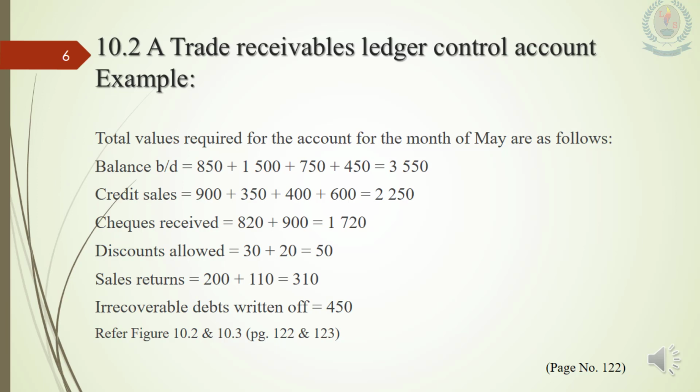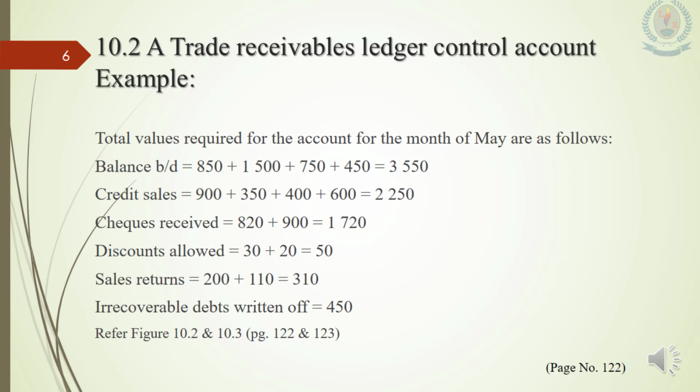Then we can add all the credit sales of the 4 accounts to calculate the total credit sales. Add all the bank figures of the individual accounts to find the cheques received. Add all the discount received figures to find the total discount received. Add all the sales returns values to get the total sales returns.